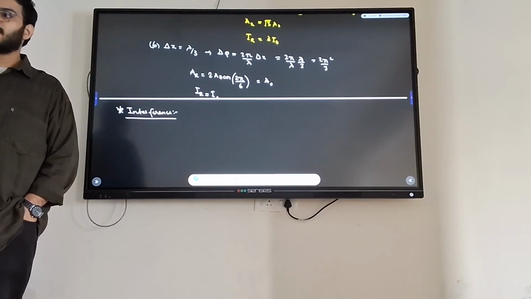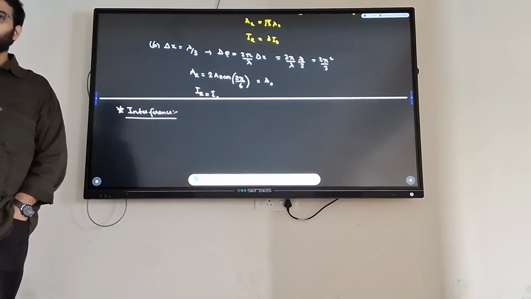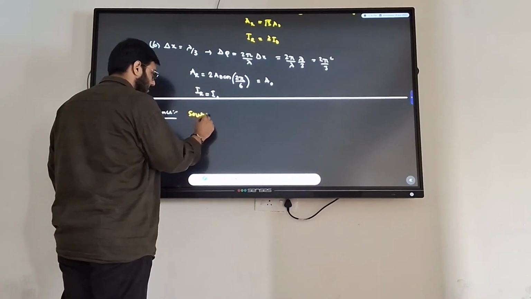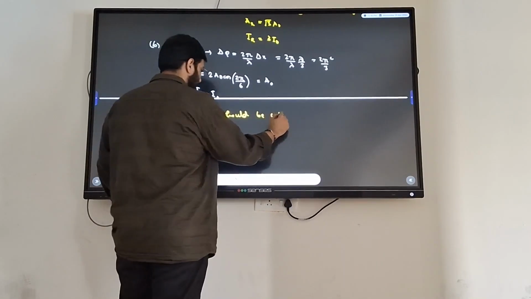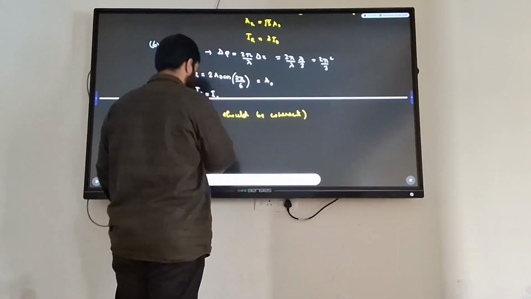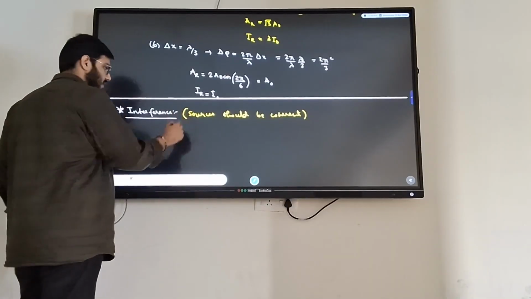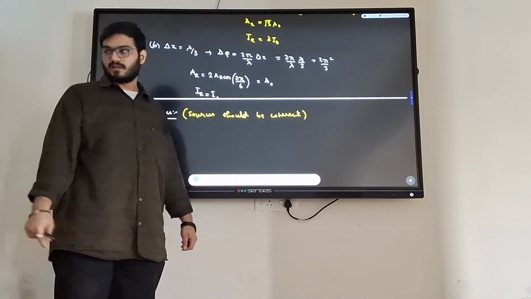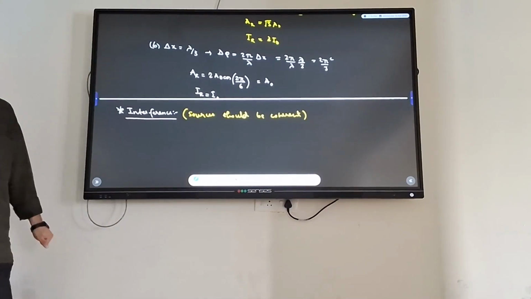One of the main conditions for interference to occur is that the sources should be coherent. This is a must condition. Now you will think, what is the difference between the superposition principle and interference?